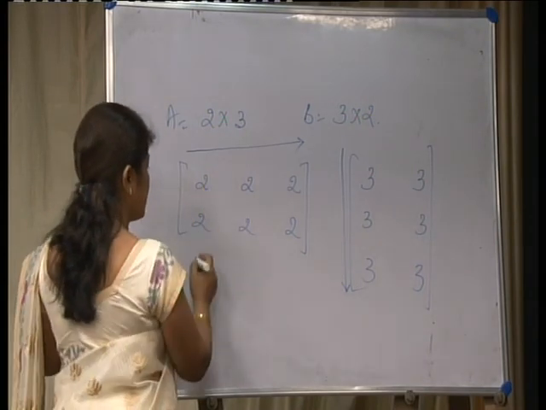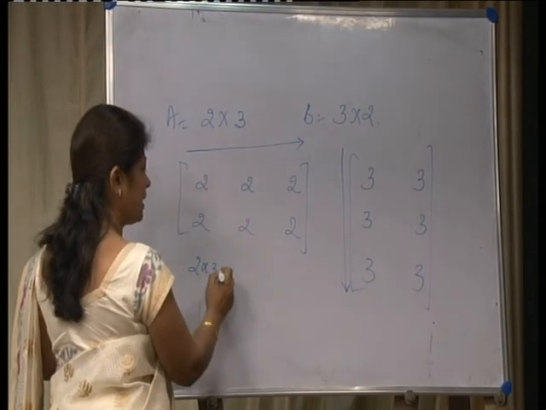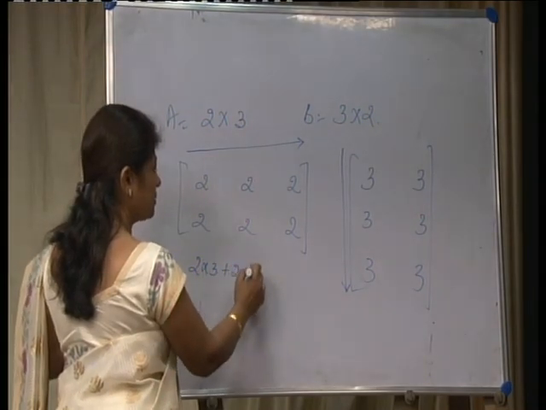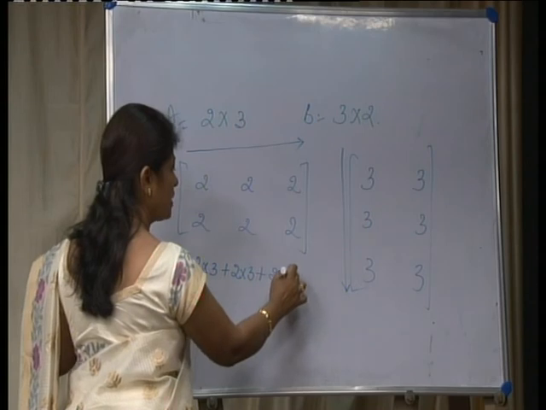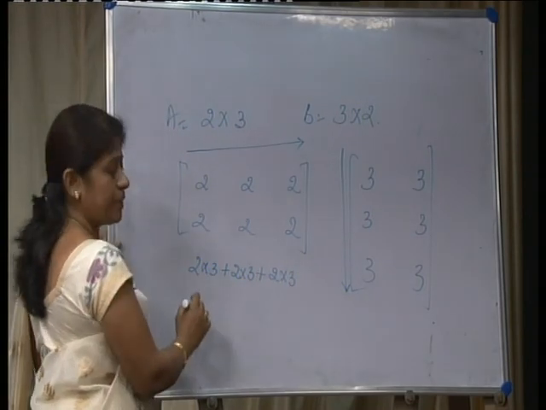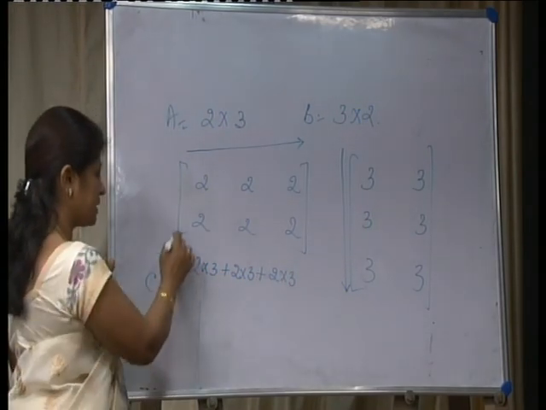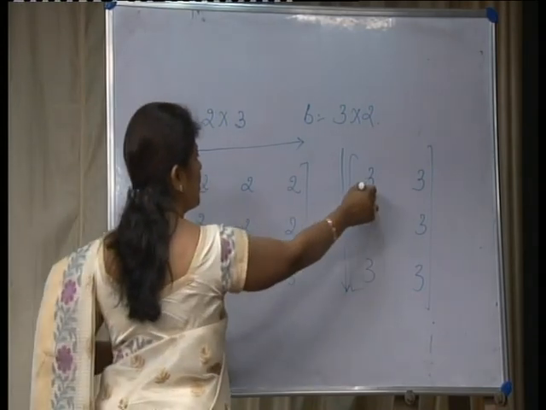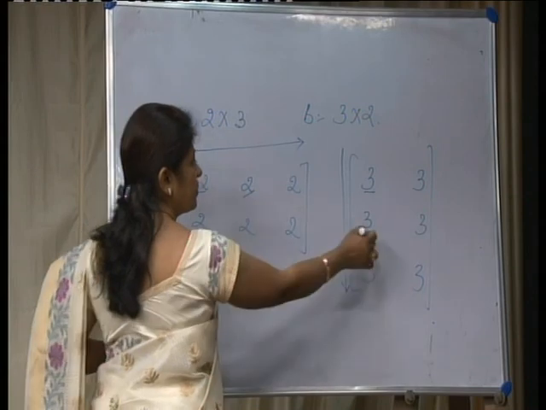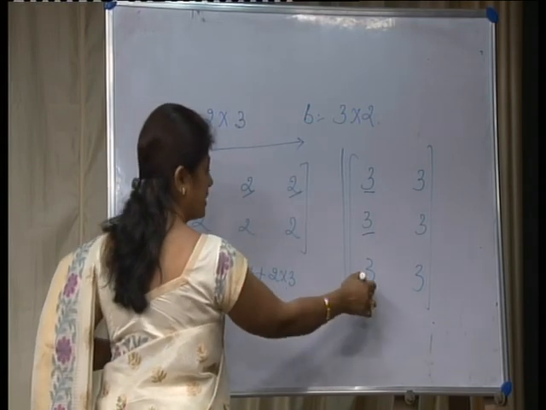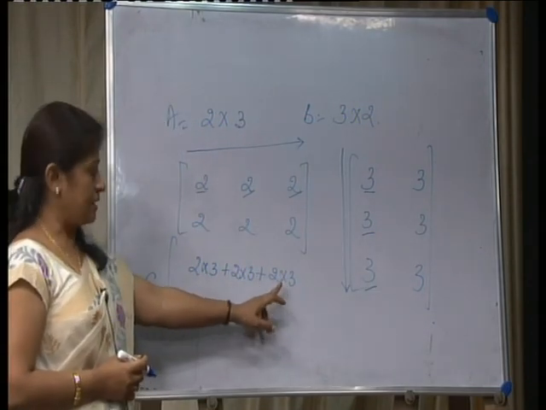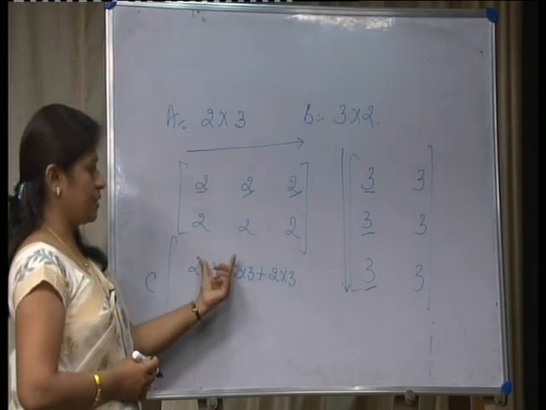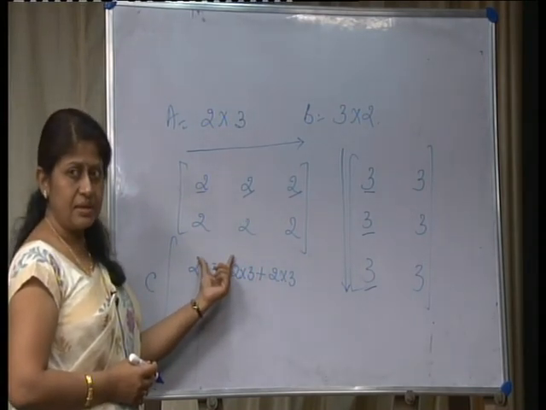We have 2 into 3 plus 2 into 3 plus 2 into 3. That happens to be the first element in our resultant matrix, say C, that is the C of 0 comma 0 element.